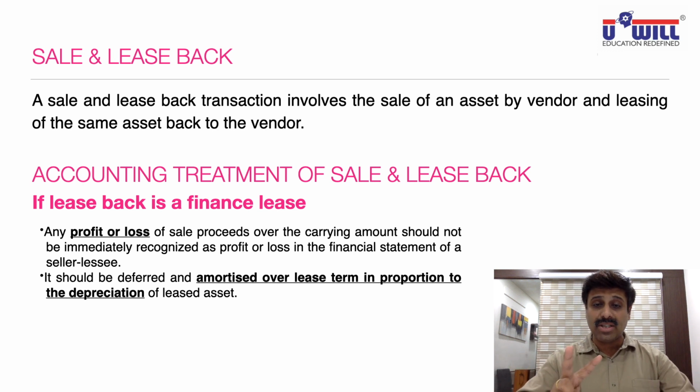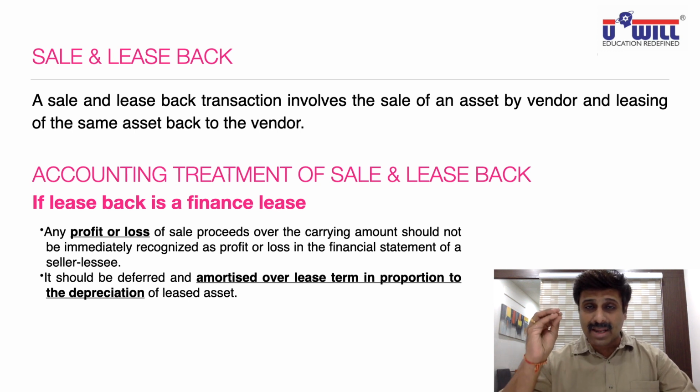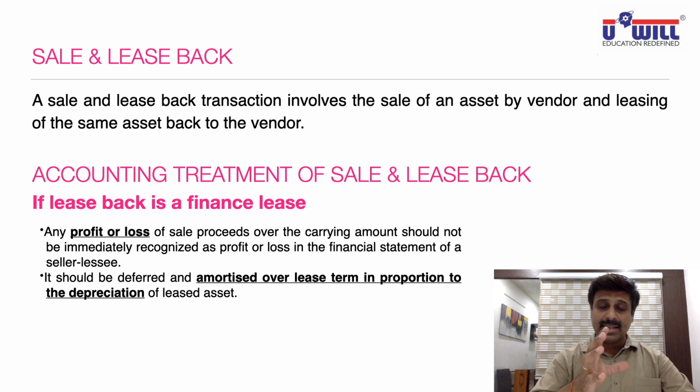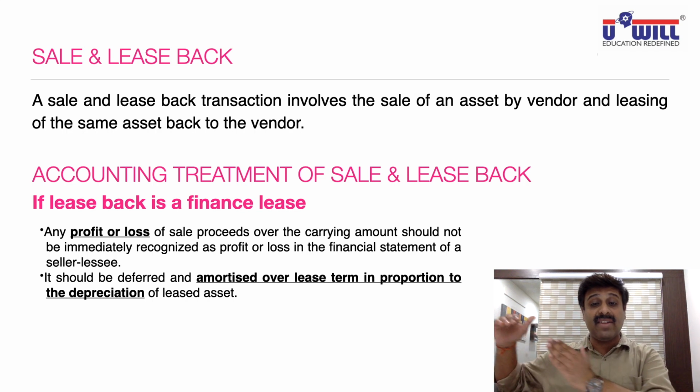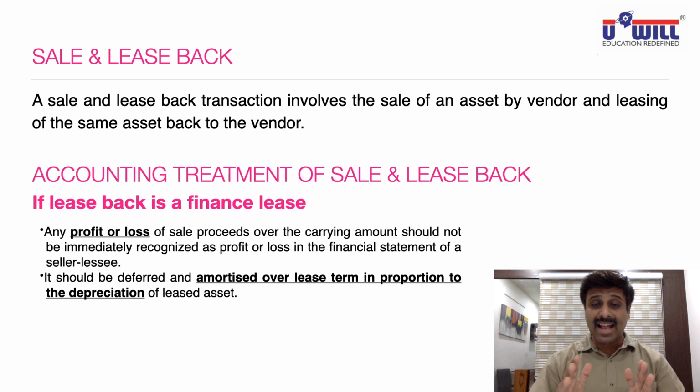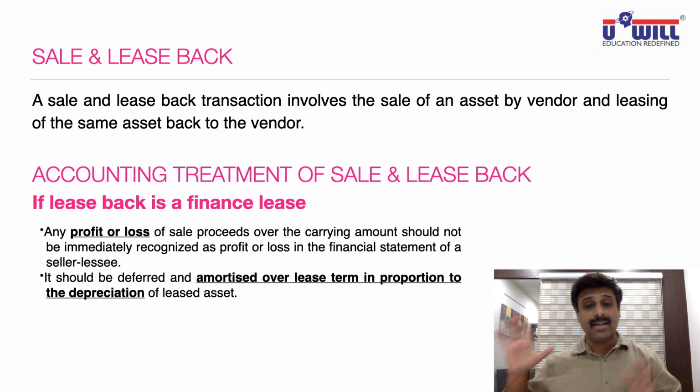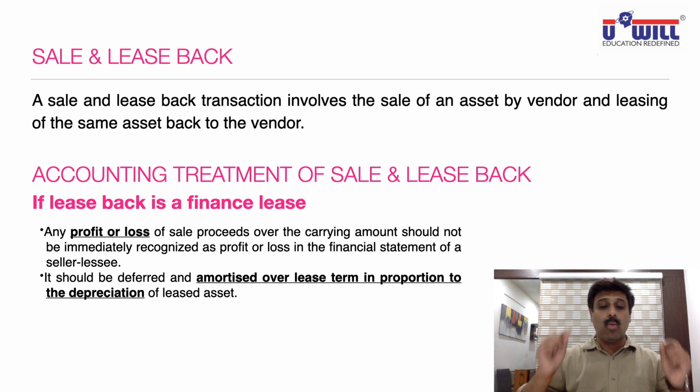Means that 2 lakh rupees of profit, if I have taken the car for a 5 years lease, then whatever depreciation I charge in the next 5 years, in that ratio I will recognize that profit in the P&L account every year. Means that 2 lakhs of profit I will not credit in my P&L account in 1 year. I will credit it in the P&L account of the next 5 years in the ratio of depreciation of that asset.